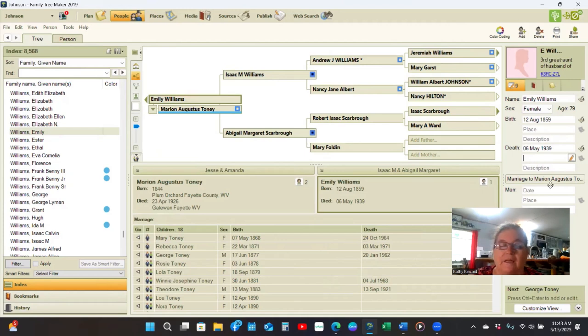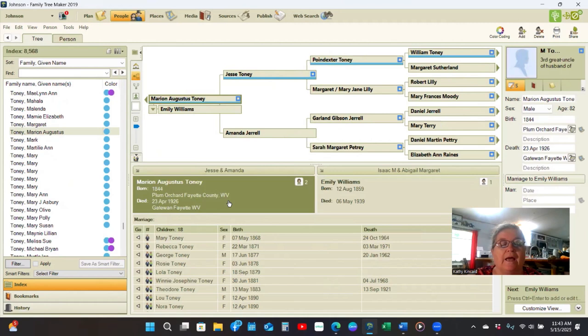And they got married in, he was born in 1844 and died April 23rd, 1926. And he was buried at the Peters Cemetery.